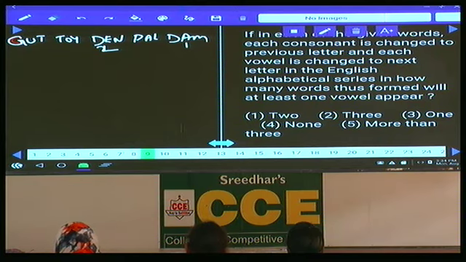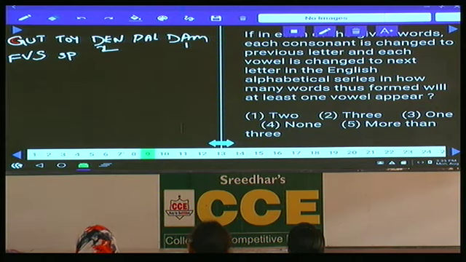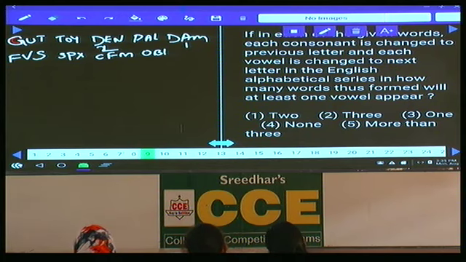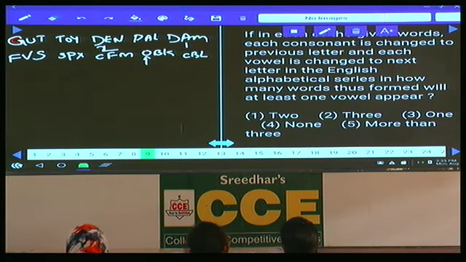Now for consonant, previous letter, so G minus 1 is F, and T minus 1 is S, and this will be V, and T minus 1 is S, and O plus 1 is P, and Y minus 1, here this is C, and F, and this is M, and P minus 1 is O, and this is B, and this is K, this is C, B, and L. In how many words will have only one vowel? Now only in one word, that is choice 3.